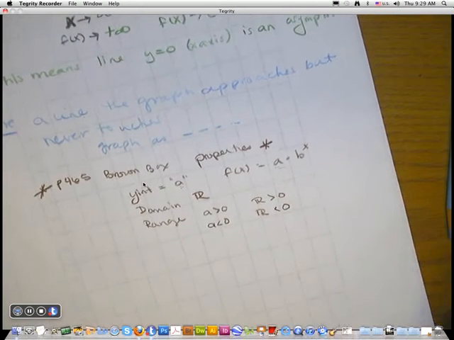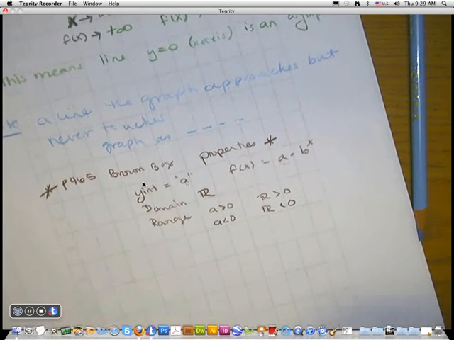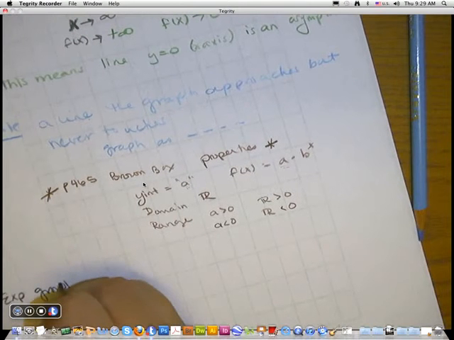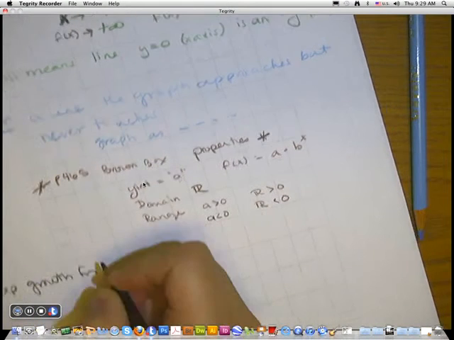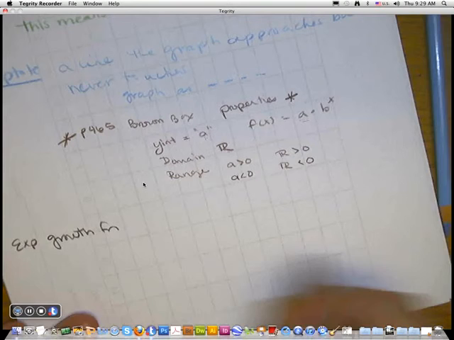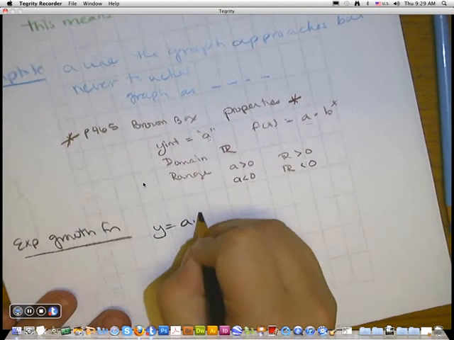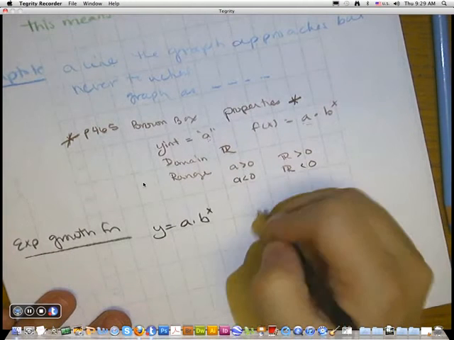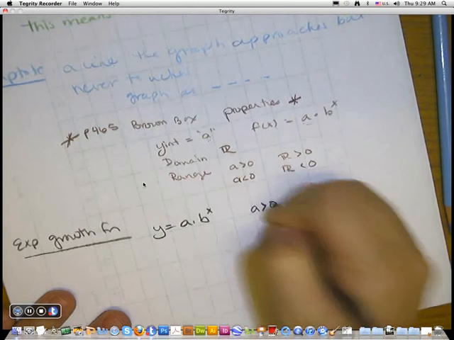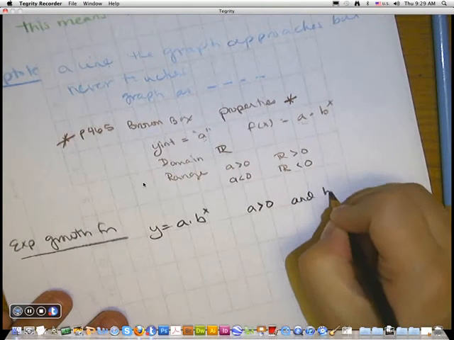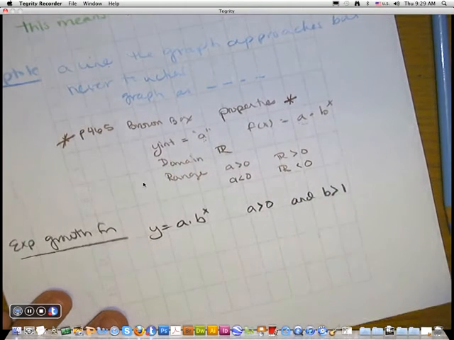In our exponential functions, we have a growth function. And on a growth function, the equation y equals a b to the x, a is positive, meaning it's greater than 0, and b is greater than 1.